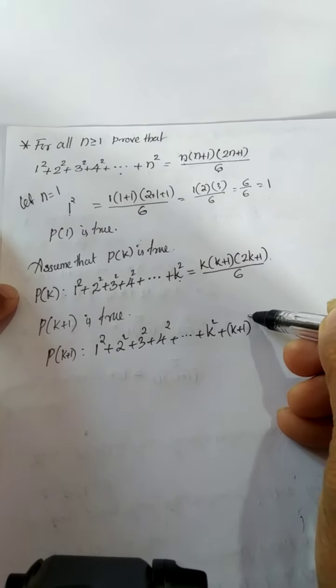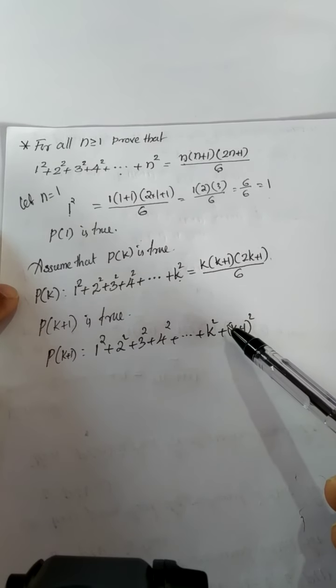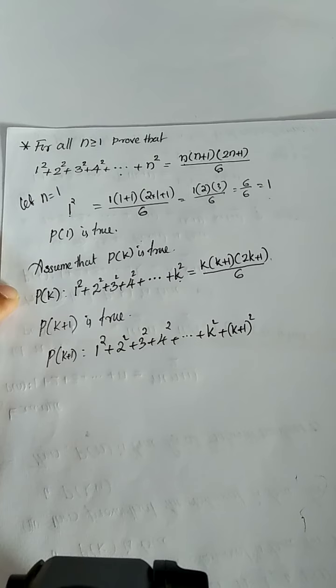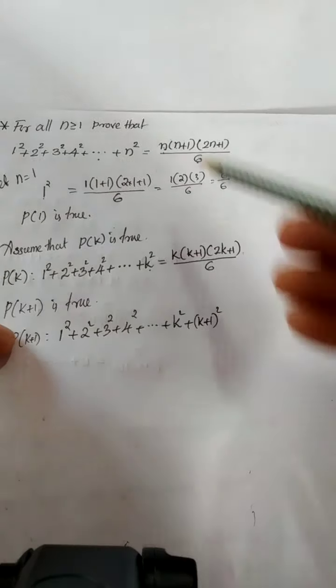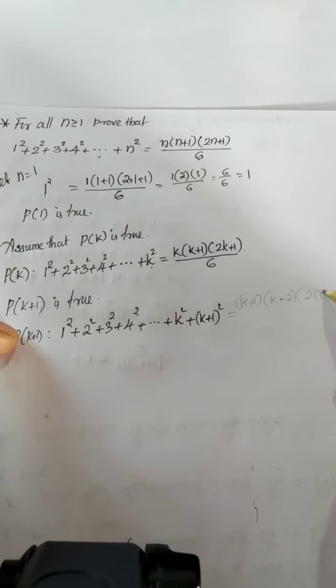On the left side, it is 1 square plus 2 square plus 3 square plus 4 square plus k square plus k plus 1 whole square. So this is P of k plus 1 on the left side. We want to prove this is equal to, letting n equal to k plus 1, k plus 1 into k plus 2 into 2 into k plus 1 plus 1 divided by 6.